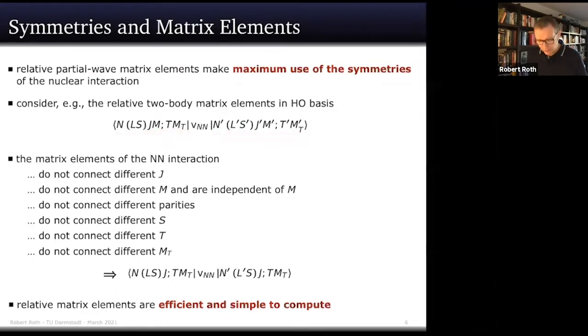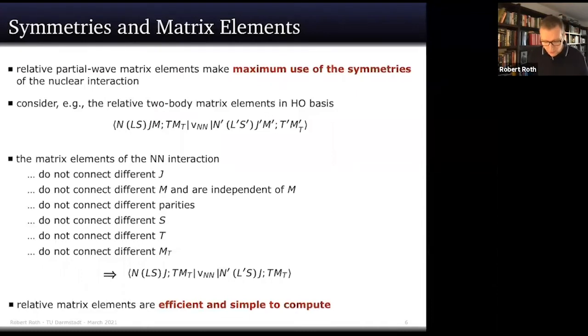For example, if you look at the total angular momentum J, because this interaction operator is rotational invariant, it doesn't change if you rotate. So that means it's a scalar in our slang. That implies immediately that it does not produce off-diagonal matrix elements with respect to J. So the J prime and the J have to be the same, otherwise the matrix element is guaranteed to be zero.